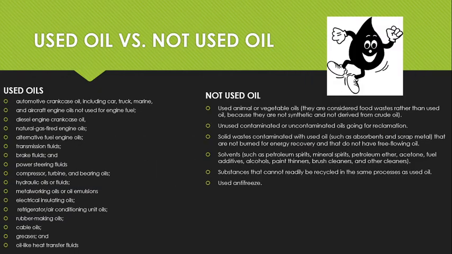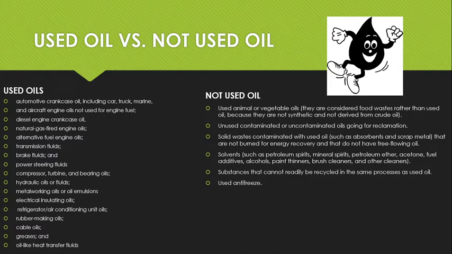So the biggest thing to remember is what's used oil versus what's not used oil. So you can see there's a pretty long list of what's included in used oil. We've got transmission fluids, brake fluids, power steering fluids, hydraulic oil, car greases, diesel engine crankcase oil.